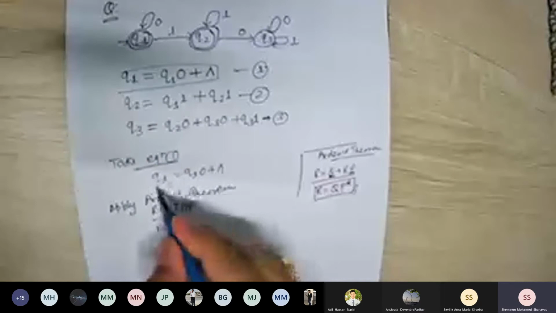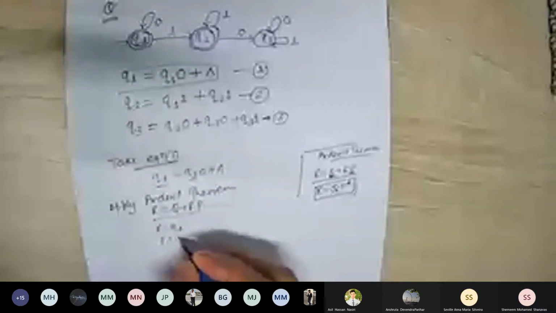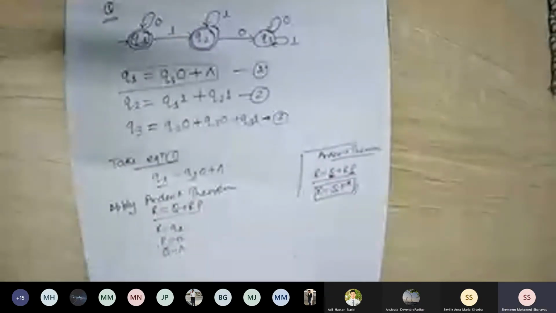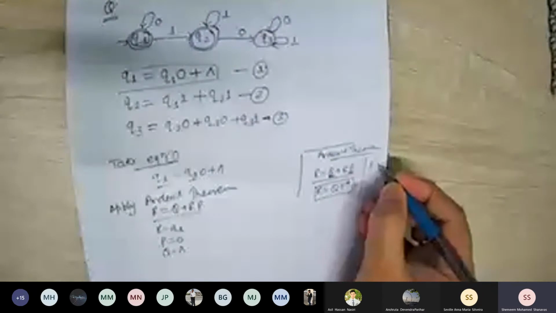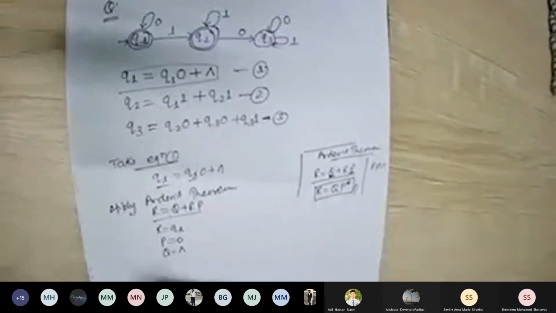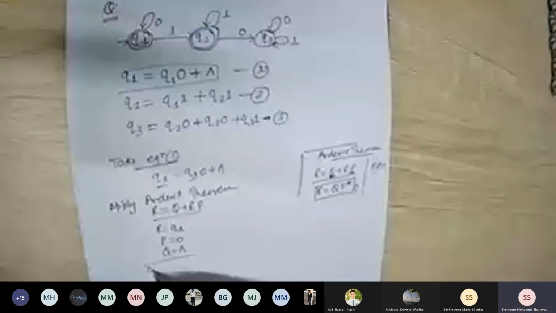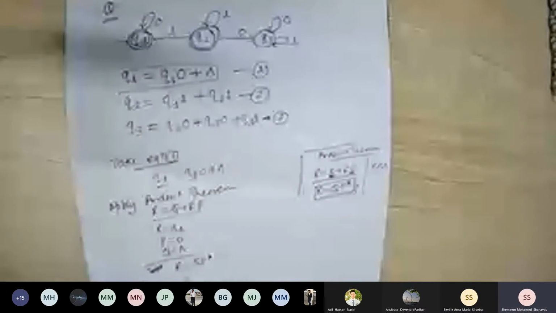Q1. Yes. Value of P is what? 0. And value of Q is null. P can't be null, that's the condition. So P is not null, P is 0. So what will be the solution? Sir, that will be null 0 star. R equal to QP star.